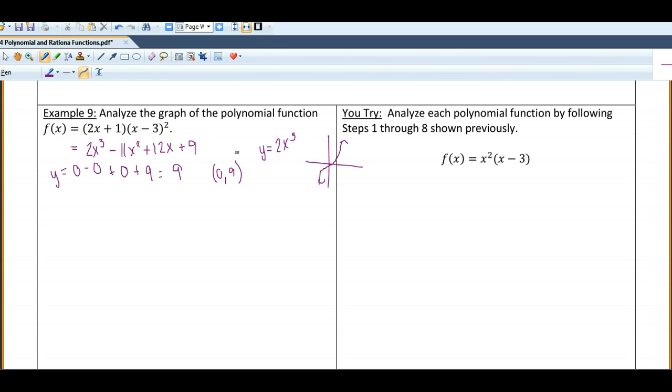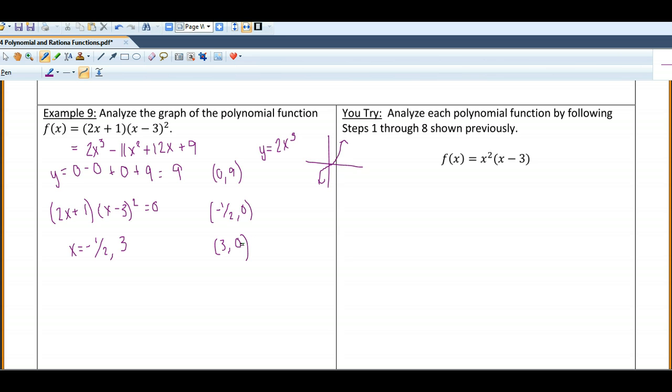Now, in order to solve for x, I'm going to go back to its factored form. If I set this equal to 0, I'm going to get x equals negative 1/2 and x equals positive 3 twice. So the other intercepts are going to be (negative 1/2, 0) and (3, 0).